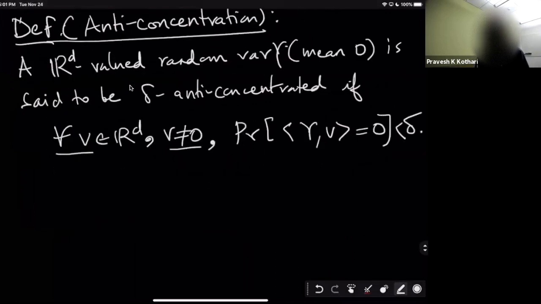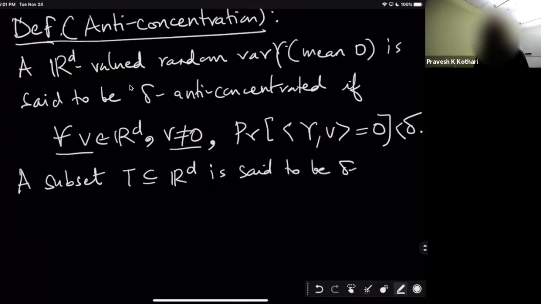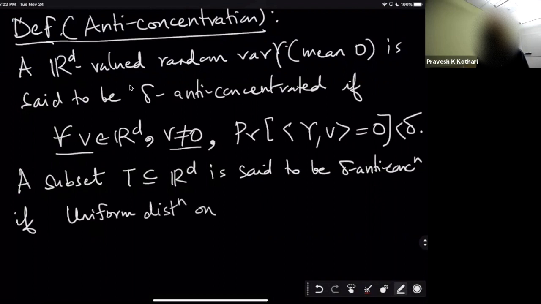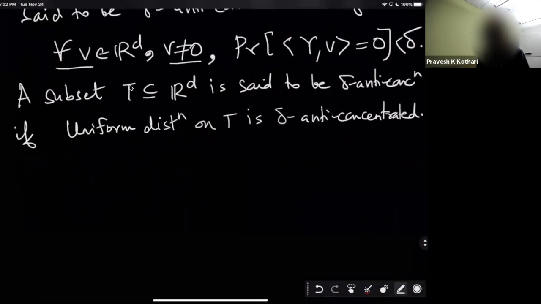I want to extend this definition to subsets because that's what we deal with. So I'm going to call a subset T of R^d delta anti-concentrated if the uniform distribution on T is delta anti-concentrated. Okay, and now notice that this is the right property.